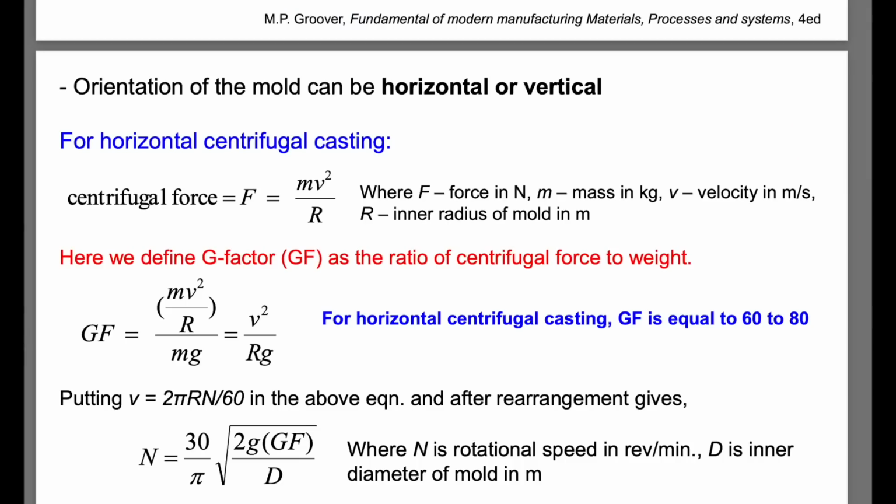Look, in this case, to teach this specific topic, even the IIT has used a standard book. The screenshot of that you can see here. This is the screenshot from NPTEL content of IITs. In this formula you can see that they have taken the inner radius of the mold, which means the outer radius of the casting, for calculation.